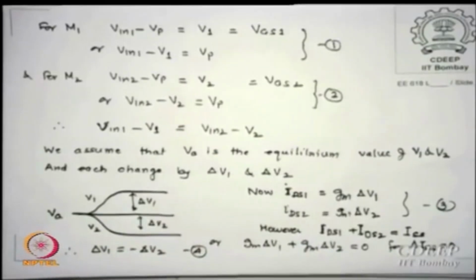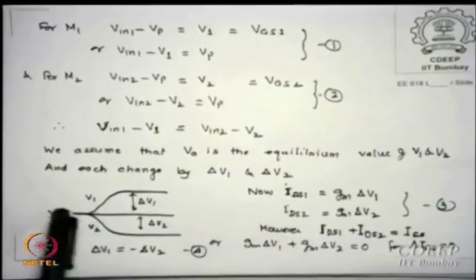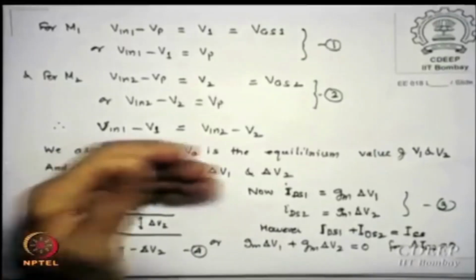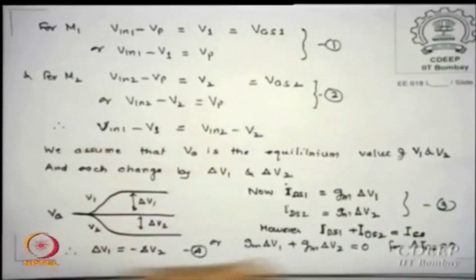Now let us assume that Va is the equilibrium value of V1 and V2, and each changes by delta V1 and delta V2. If delta V1 goes up, delta V2 must go down; delta V1 must be equal to minus delta V2. This is an average value. So if V1 changes like this, V2 must change in the opposite sense by the same value.